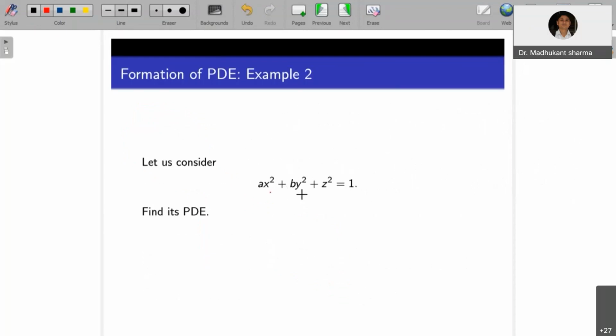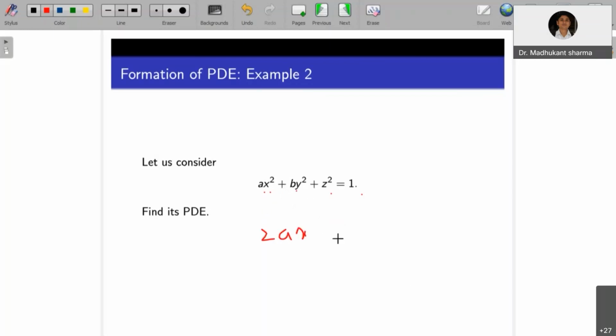So a x square plus b y square plus z square equals 1 is a kind of ellipsoid, right? Now find its PDE. You have two arbitrary constants, so you will go for the first order PDE. Differentiate partially with respect to x.